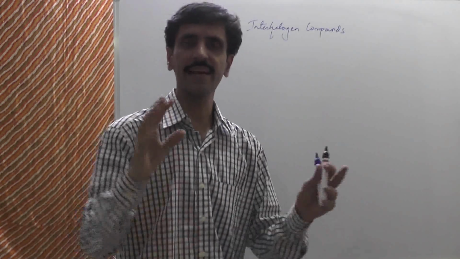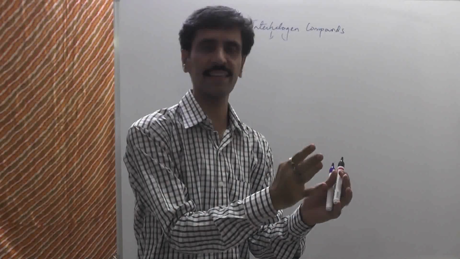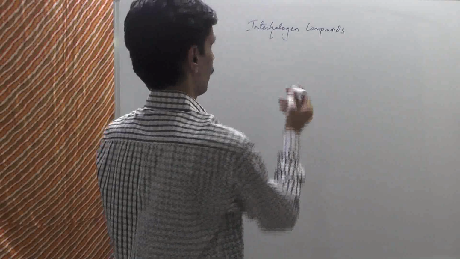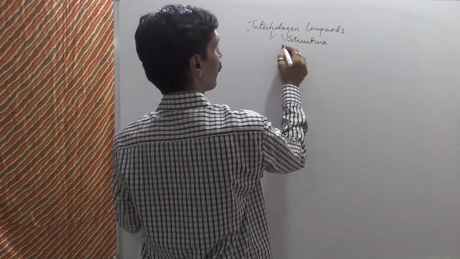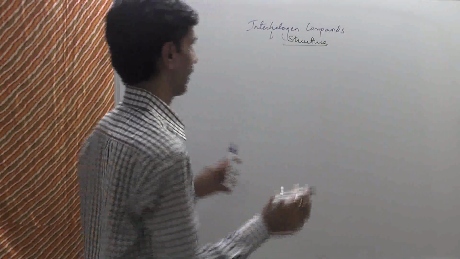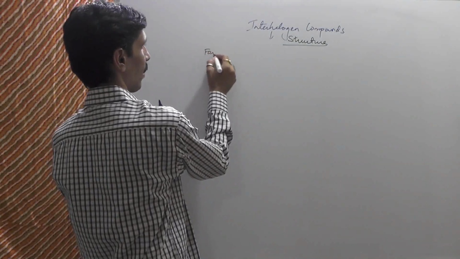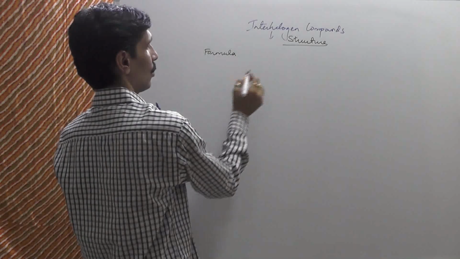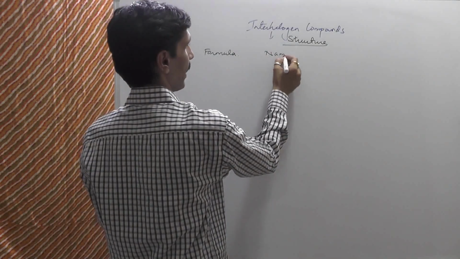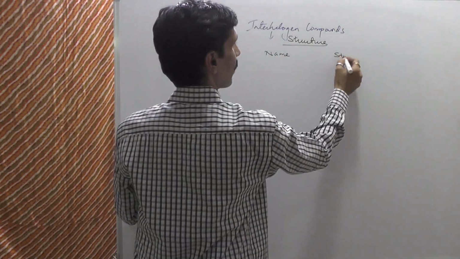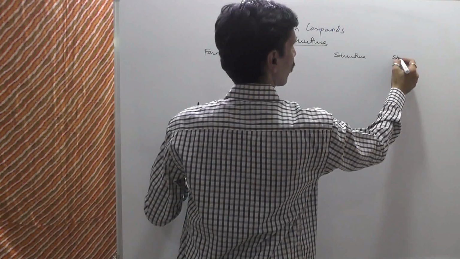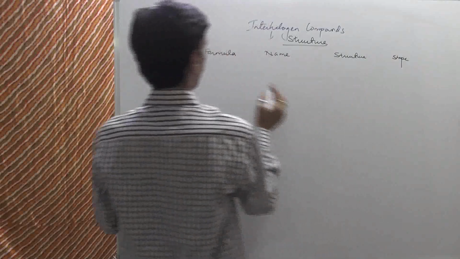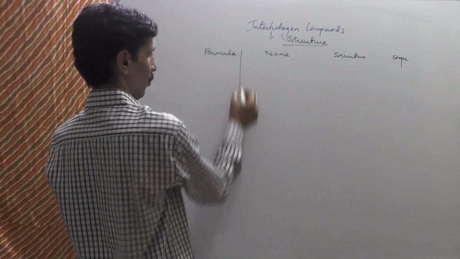Now my dear friends, under interhalogen compounds we move to another topic, and that is structure. I will explain in tabular form so it becomes very easy for you to recollect. The first column will be formula, the second column will be name, the third column will be structure, and the fourth column will be shape. Okay? This is what we are going to discuss.